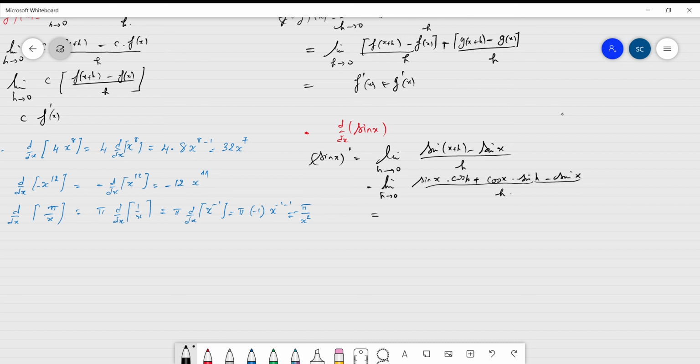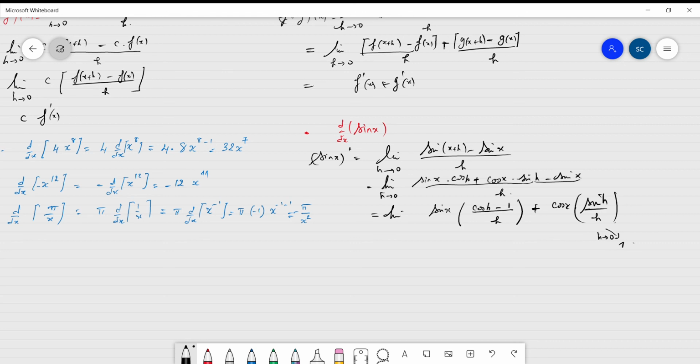I see that I can regroup the term sine h over h, and we know the limit of this term. So let's keep this one, then regroup sine x with the limit of (cosine h minus 1) over h. And then I will regroup the other term as cosine x times sine h over h. You remember, this one approaches 1 as h approaches 0.